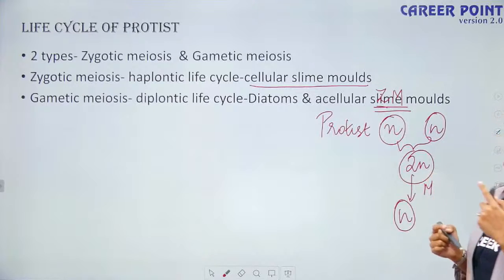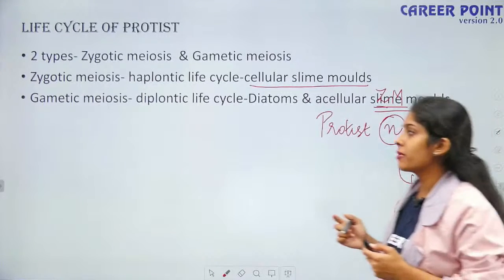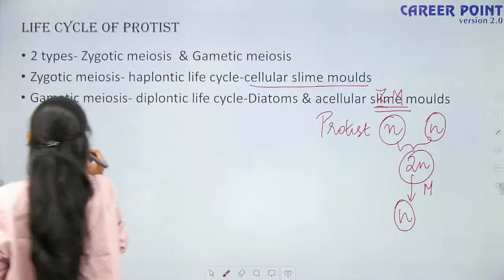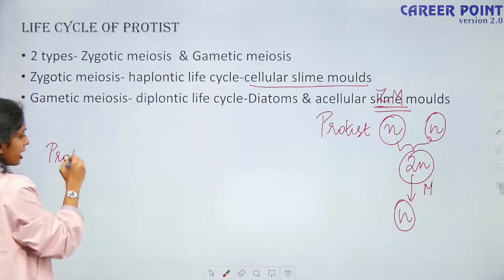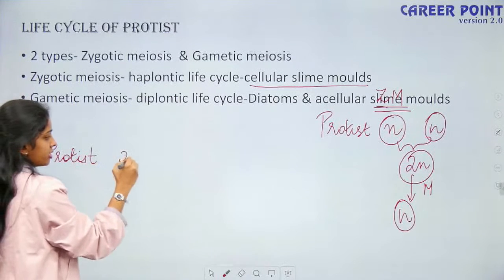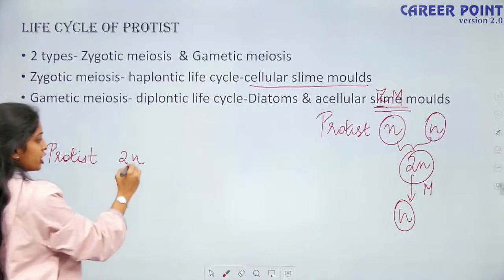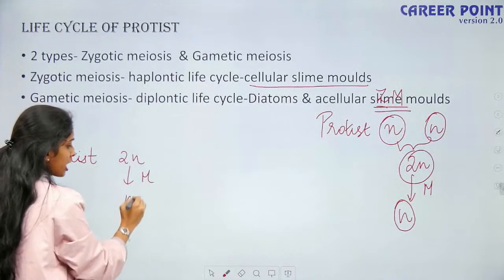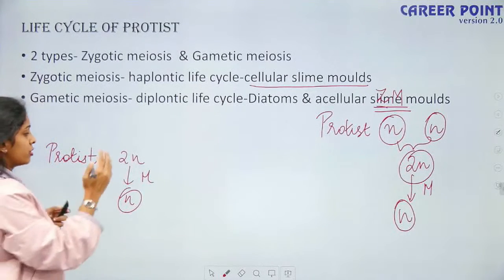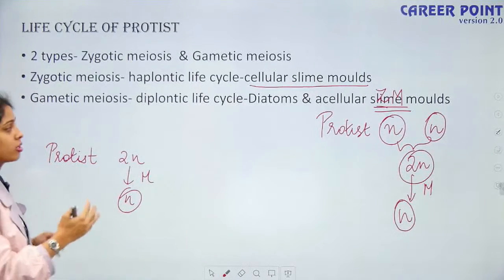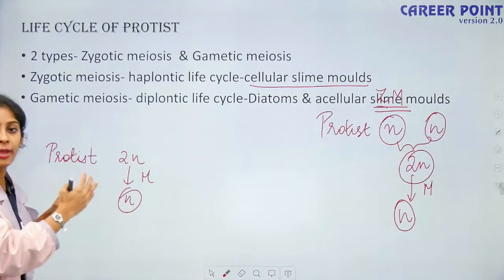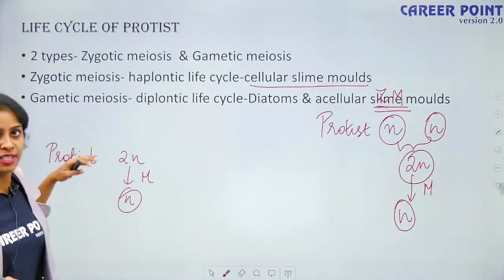The next one is called gametic meiosis. What do I mean by gametic meiosis? Here the main body of your protist is diploid. This will undergo meiosis to produce haploid gametes. So this is called gametic meiosis. Through the process of meiosis, your gametes are produced. This is gametic meiosis.